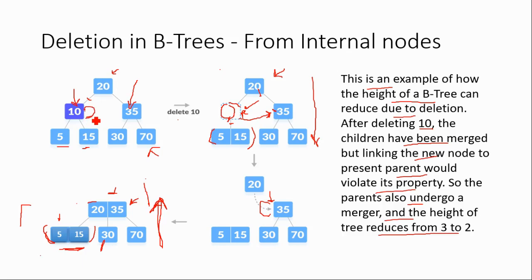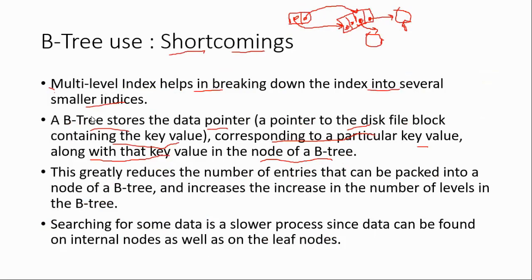So the problem is that in B-trees, both the data pointer and the key are stored in a particular B-tree node, whether it is an internal node or a leaf node. What problem does it cause? It reduces the number of entries that can be packed into a node of a B-tree.